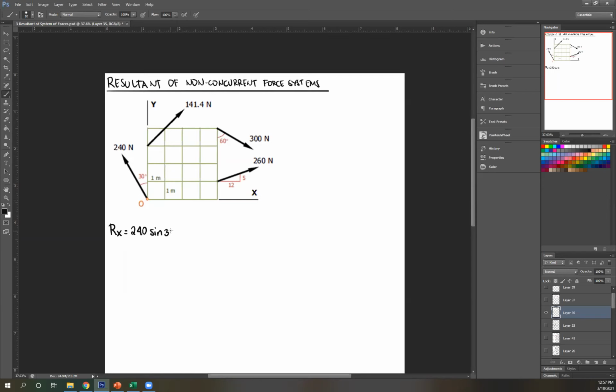If you're taking it from the y-axis, the x component would be F sine theta, because this is your x component, which is equivalent to this line as well, and that is opposite your angle. So sine is opposite. And it's to the left, therefore negative.